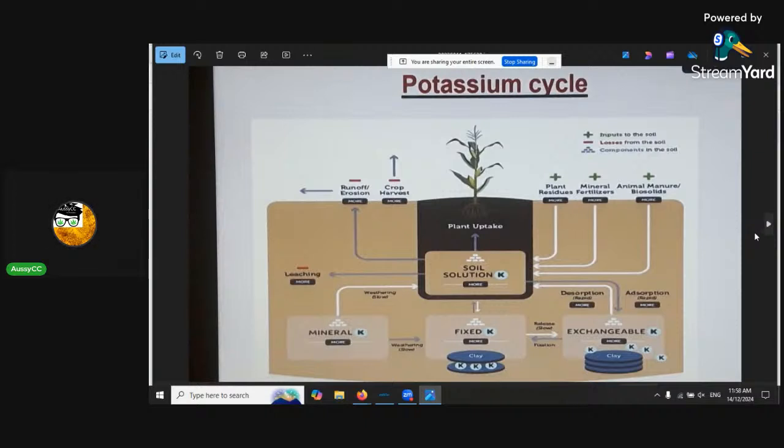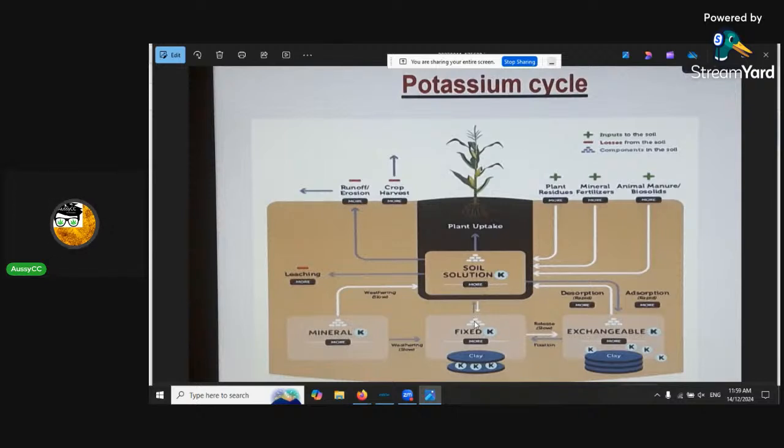This is a more in-depth one, which shows you the inputs, how you can get it from plant residue, mineral fertilizers, or immobilized fertilizers bound up in manures and other rich phosphorus rock, bone meal, DNA compounds. The leaching, runoff, okay, that'll do for that bit.